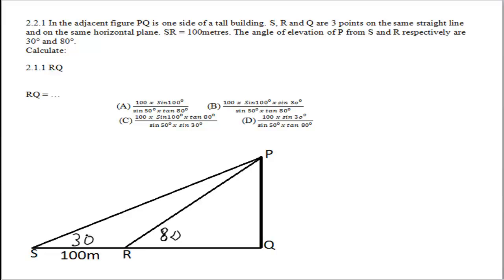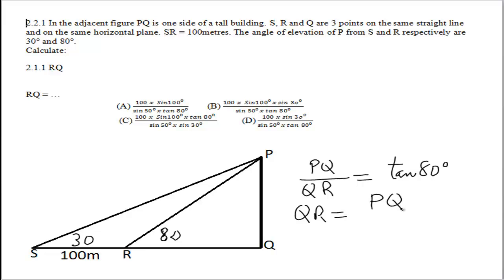You wanted QR eventually, so we're looking at PQ over QR is equal to tan of 80 degrees, and then when you take this, you'll get QR is equal to PQ over tan of 80 degrees.